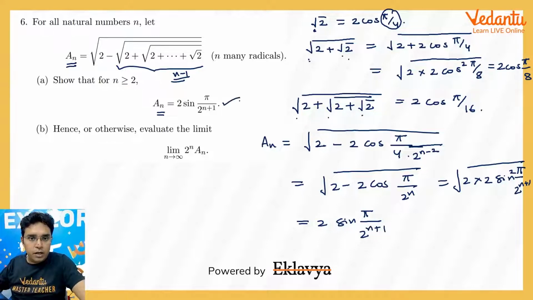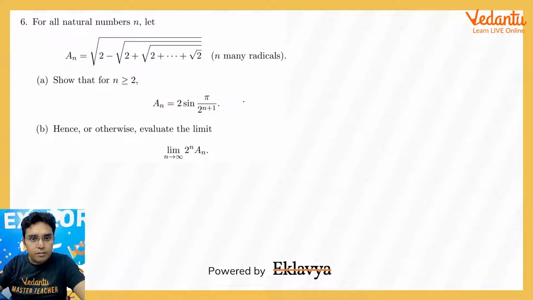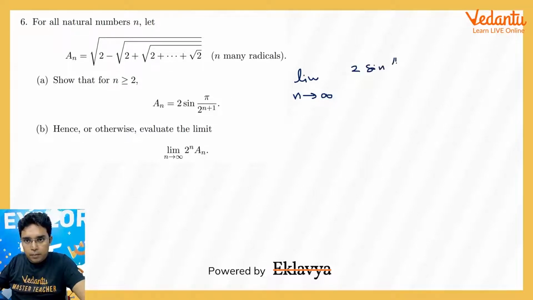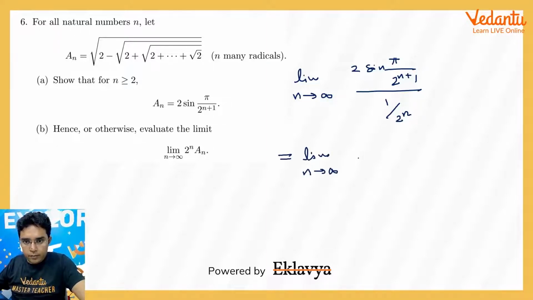So I think this is how this is done, and I think the second part is much easier once you know this an, because limit n approaches infinity, we are given an, that is 2 sine pi upon 2 power n plus 1, and I will write this 2 power n as 1 upon 2 power n like this, and then we can write this also as sine of pi upon 2 raised to the power n plus 1, over pi upon 2 raised to the power n plus 1.